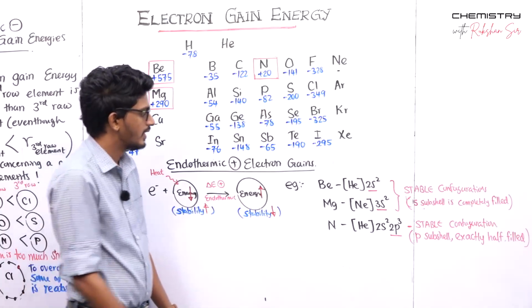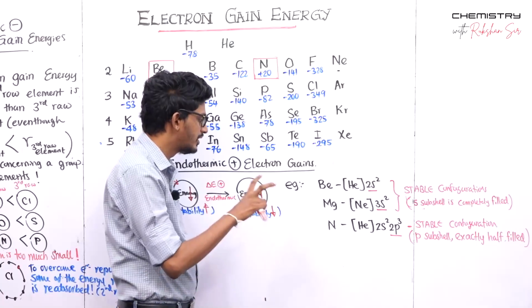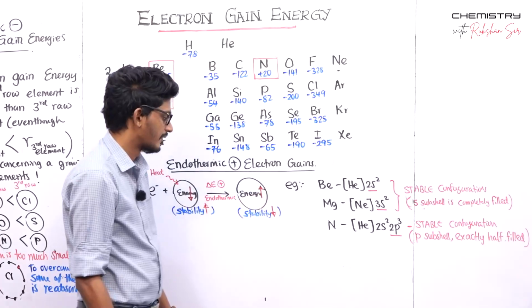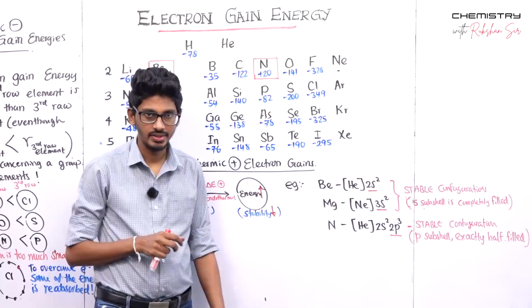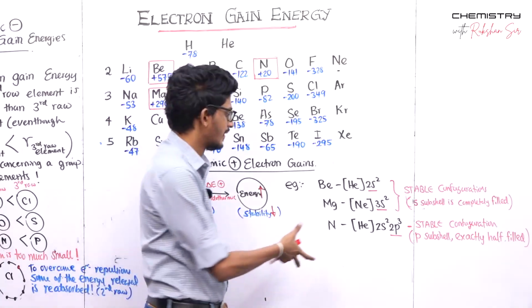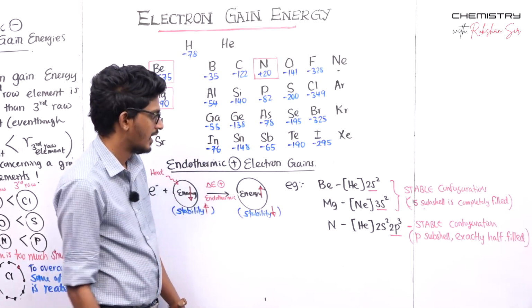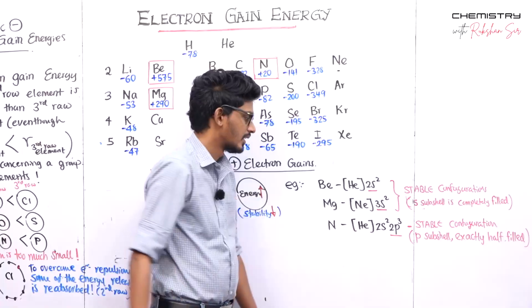So beryllium, magnesium, nitrogen, those are the only three atoms with endothermic values for the first electron gain. You can write these three, and this picture as well, in the note.